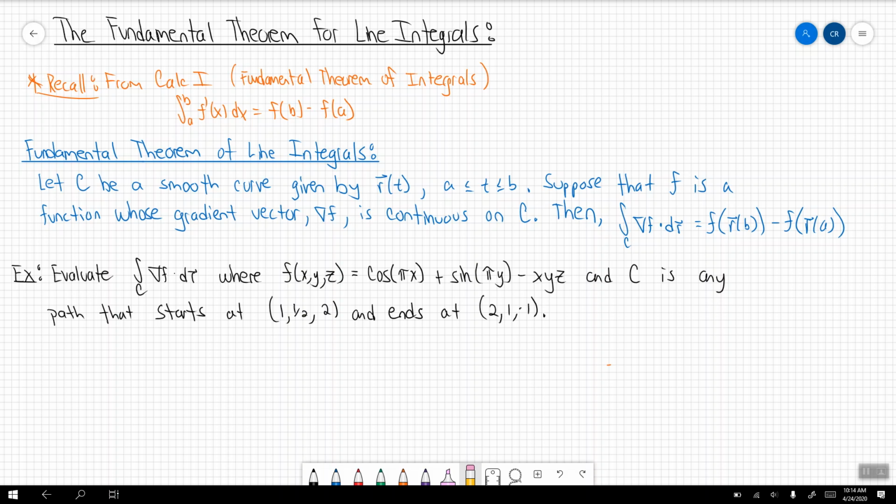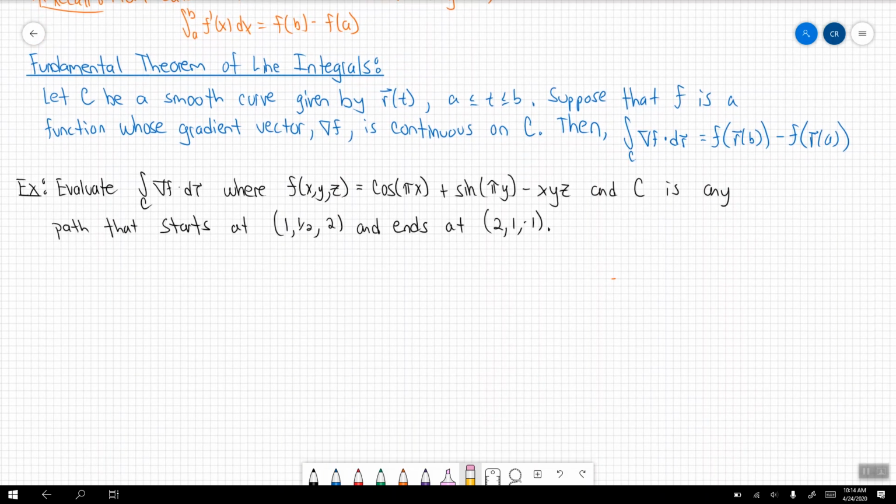There is going to be more to this section than just the fundamental theorem of line integrals, but we have to start with this so that we can start seeing how we're going to be using it. Now, on this example right down here, it says to evaluate this line integral where we have the gradient of f, evaluated with respect to r, and the function in question is this function here, and C is any path.